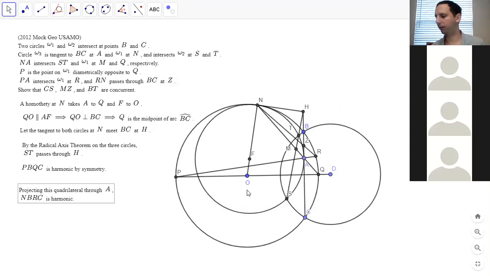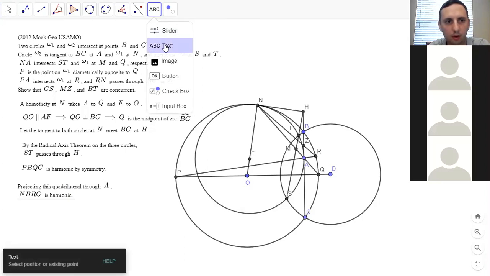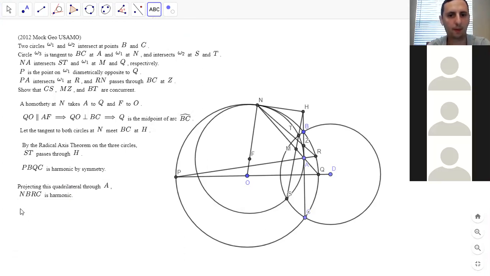Oh, hold on just one second. And then that means that HR is tangent to the circle omega 1.